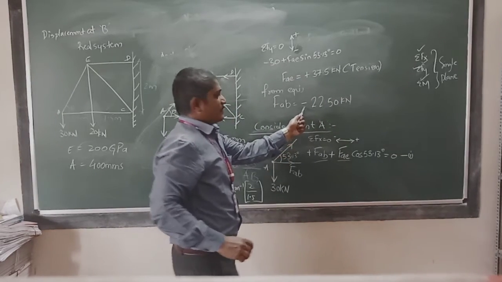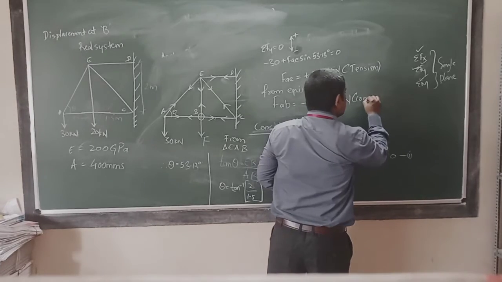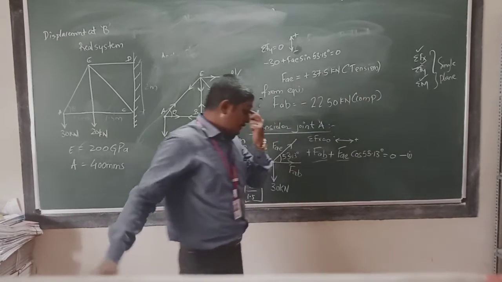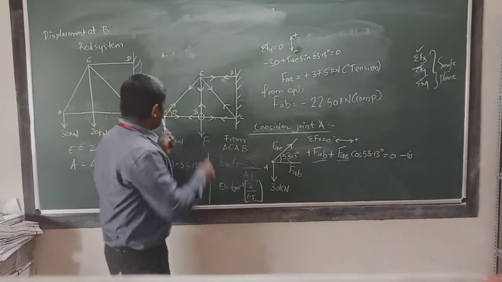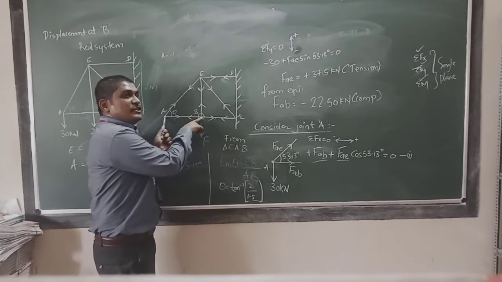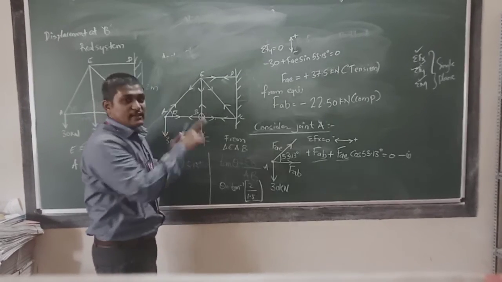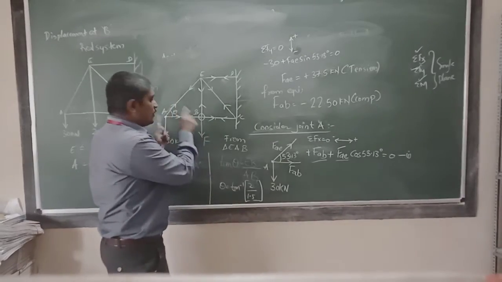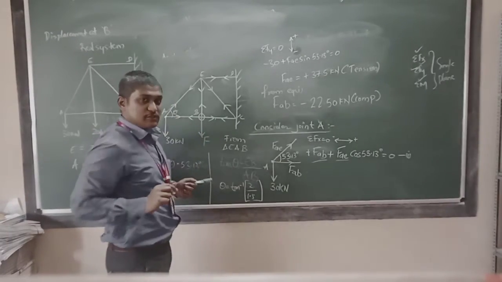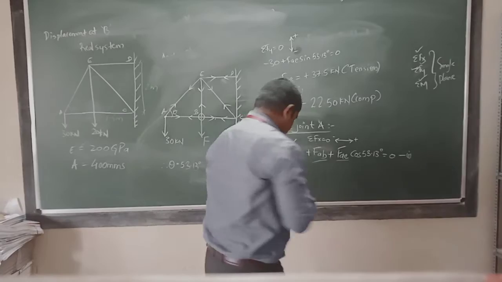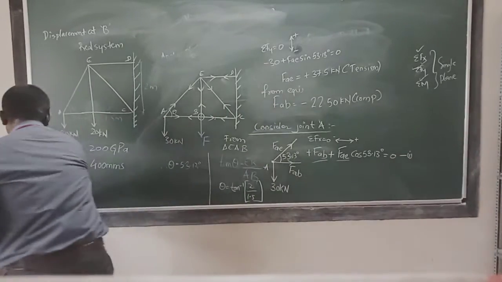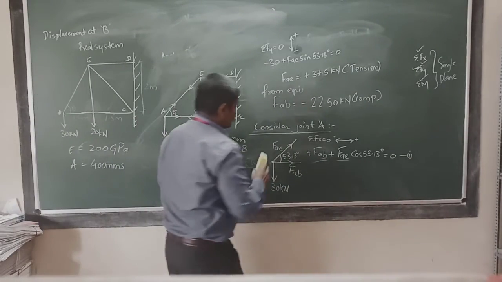We are getting negative answer, means it is in compression. Okay, means the assumptions which I have done initially as AB is going under tension, it is wrong, it is going under compression. This arrow has to be changed. Okay, in the next step. So we have completed with the joint A, let us go with the joint B.